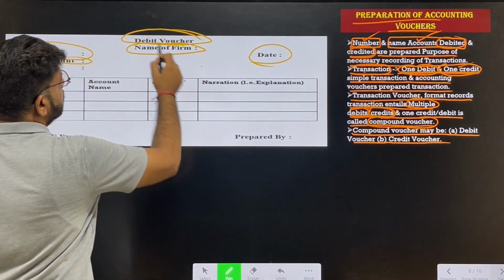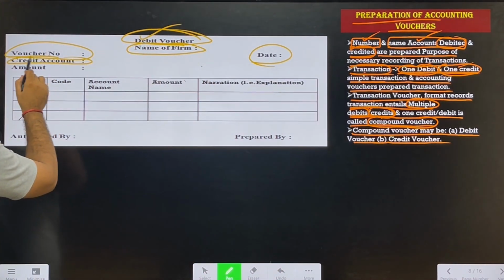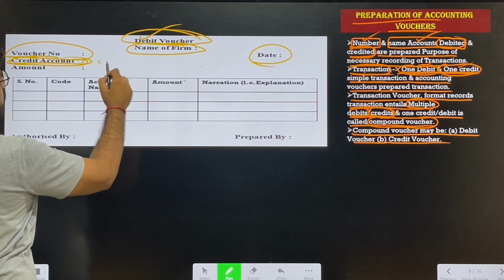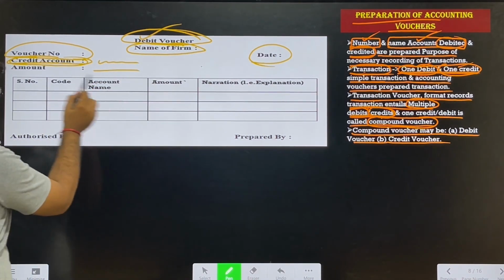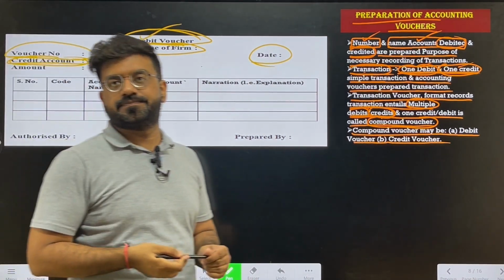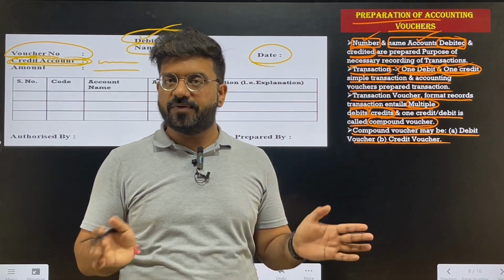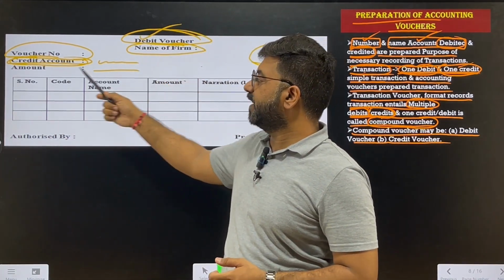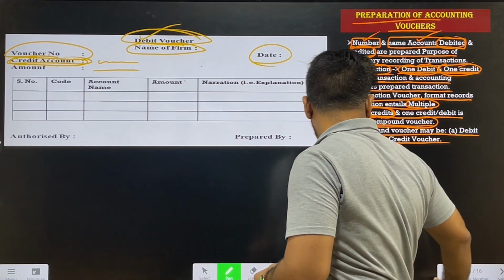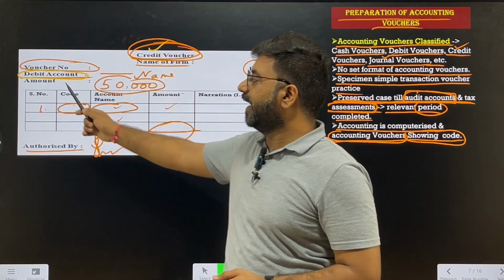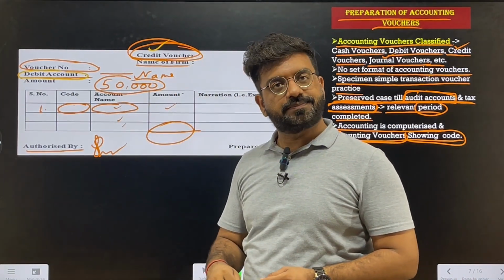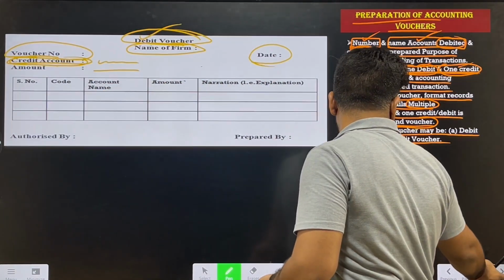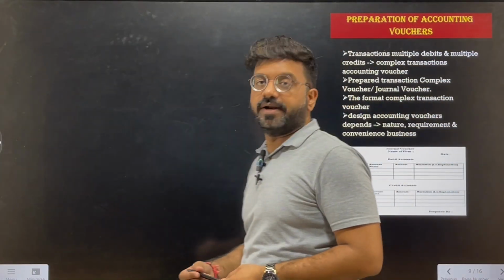So since this is a debit voucher, we will have to write the credit account, the account which has to be credited. The amount and everything else remains the same. Just the simple one difference. If it is a debit voucher, we write the credit account. If it is a credit voucher, we write the debit account. This was the simple vouchers, two types of vouchers, debit and credit.